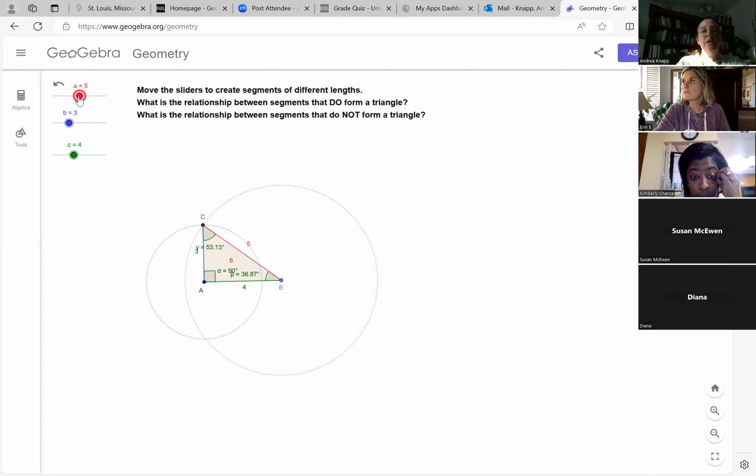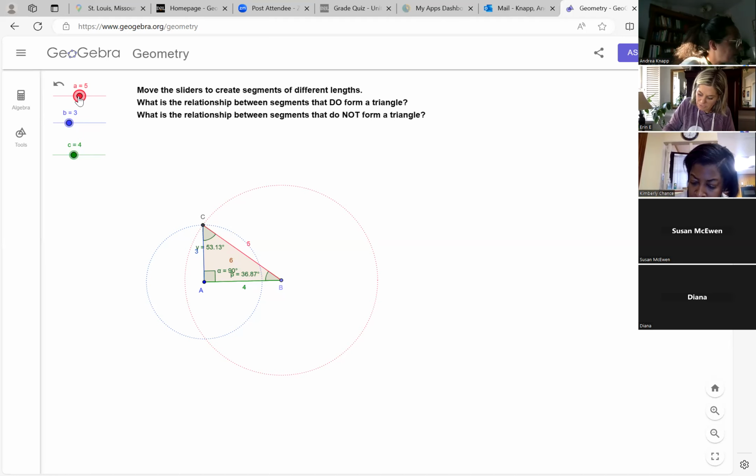Yes, it is possible. And what kind of triangle is it? It looks like a right triangle. A right triangle? I would agree. Yes. Scaling right triangle. Very good.